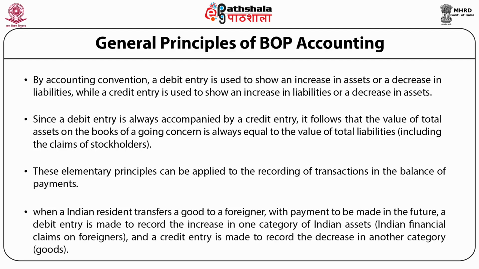Or when an Indian resident transfers a good to a foreigner with payment to be made in the future, a debit entry is made to record the increase in one category of Indian assets, that is, Indian financial claims on foreigners, and a credit entry is made to record the decrease in another category, that is, goods.